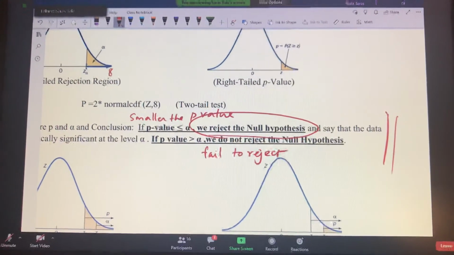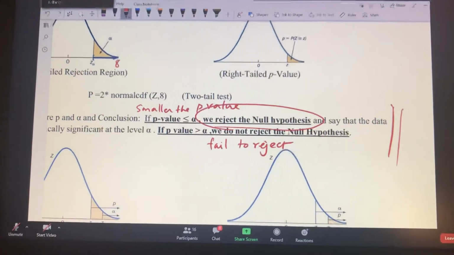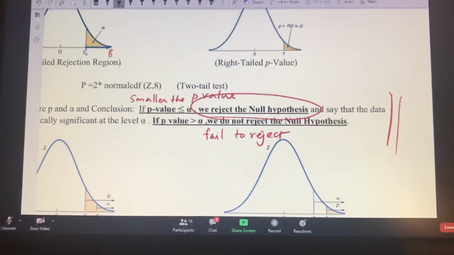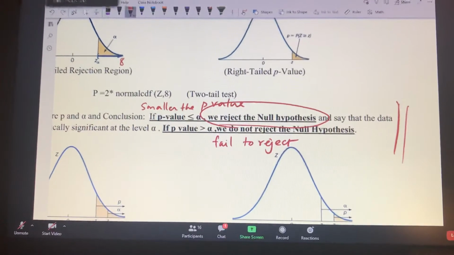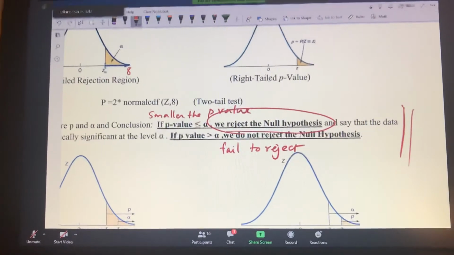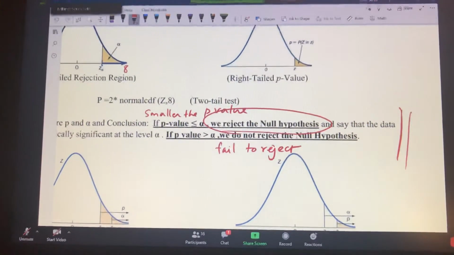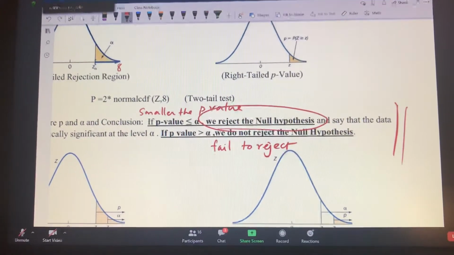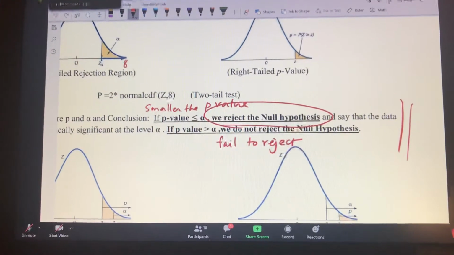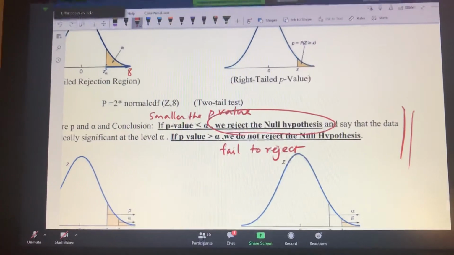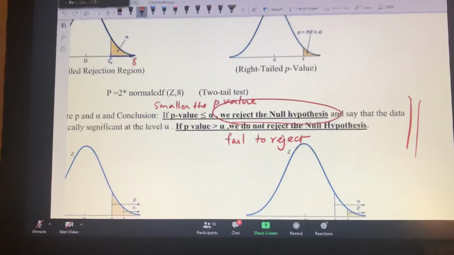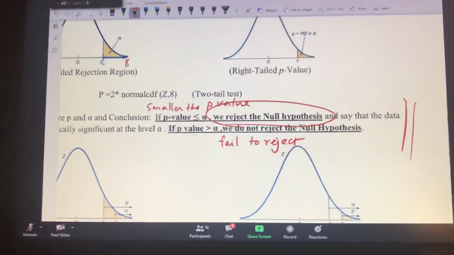So it involves a 5-step procedure. You are going to have null versus alternative, and the second one is going to be the z-score, and the third one is going to be the alpha. Alpha is usually given in your problem, like how we get the confidence level number as 90%, 95%, or 99%.